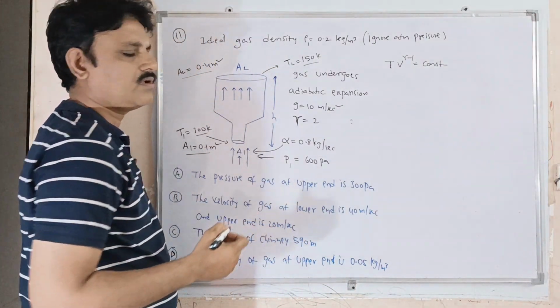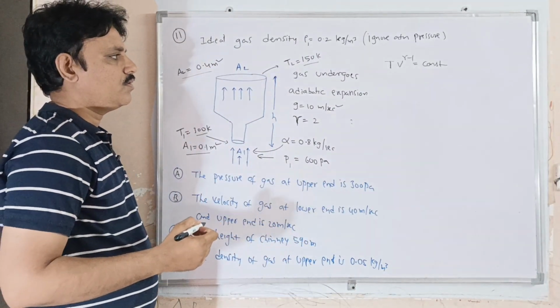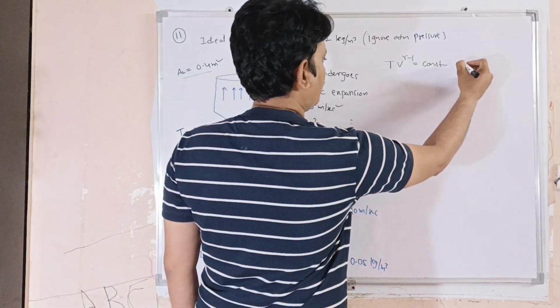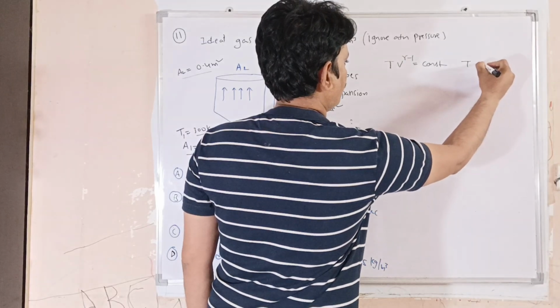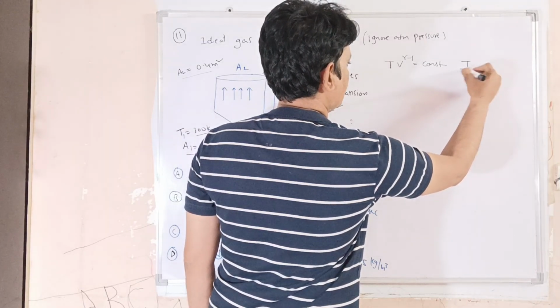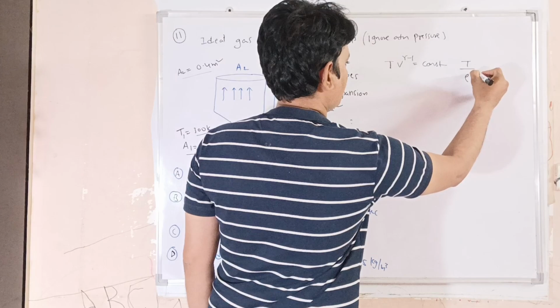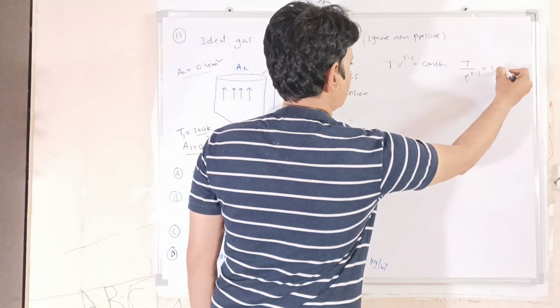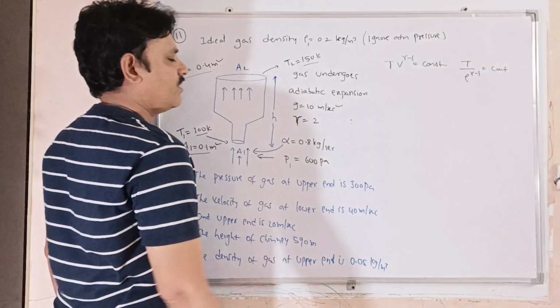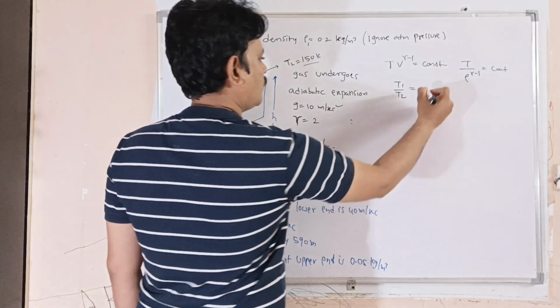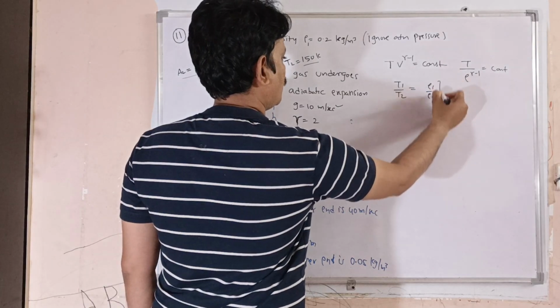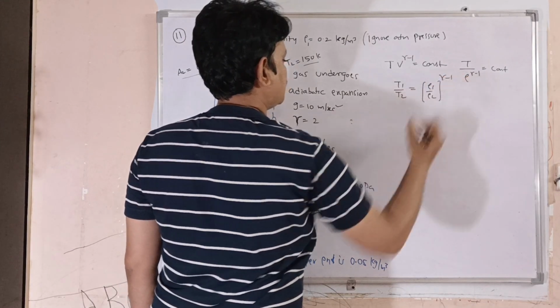So in terms of temperature and volume, which is mass by density, T by density power gamma minus 1 is equal to constant, and finally T1 by T2 is equal to (rho 1 by rho 2) whole power gamma minus 1.